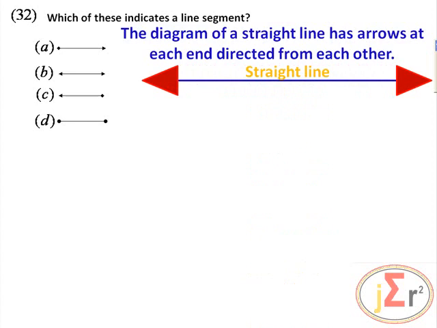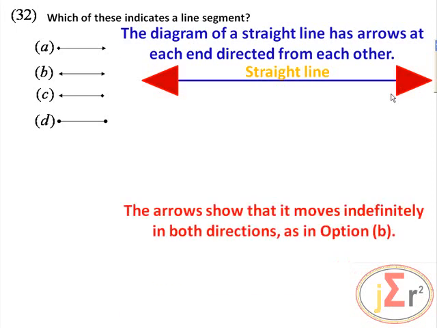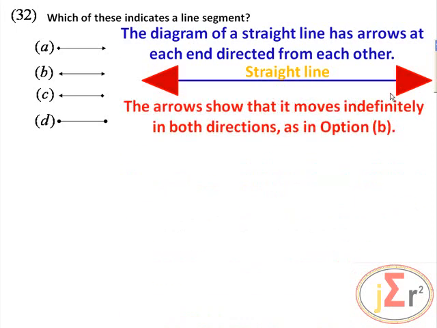It means that the straight line continues forever in those directions. The arrows show that it moves indefinitely in both directions, as in option B. So in option B, we have the diagram of a straight line.